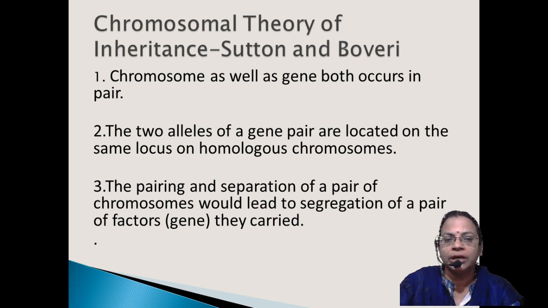At the time of gamete formation, the paired condition will segregate or separate, and out of that pair only one factor or gene or allele will move along with the unpaired chromosome.